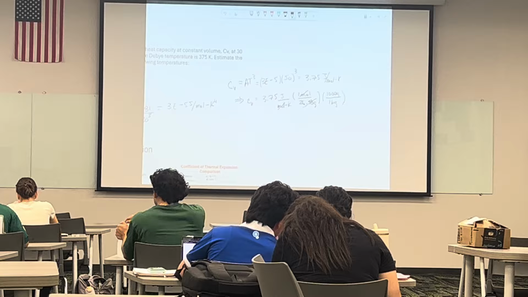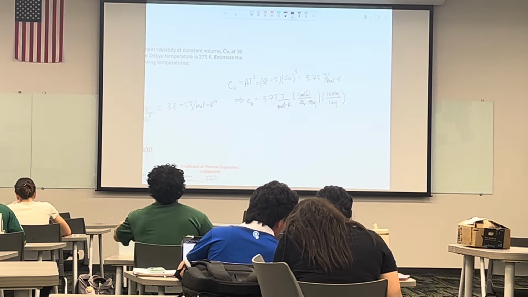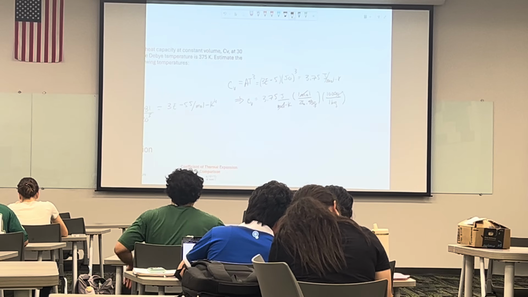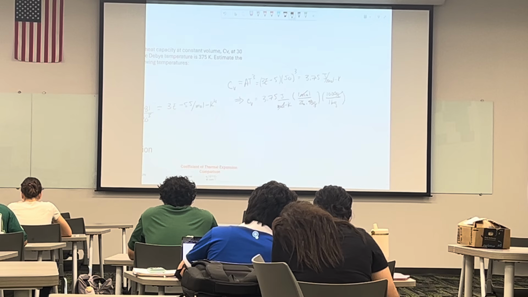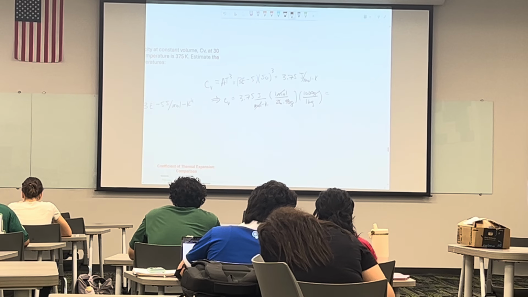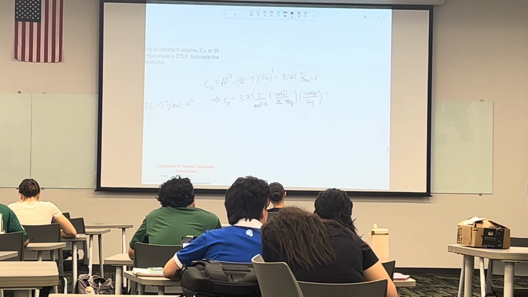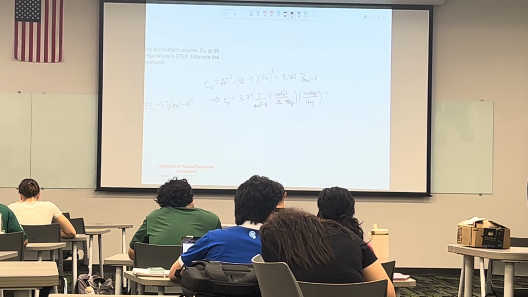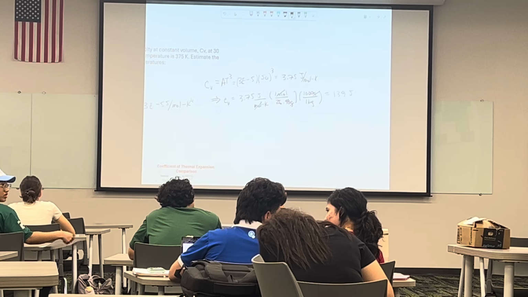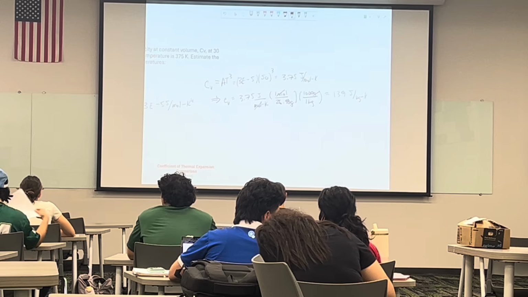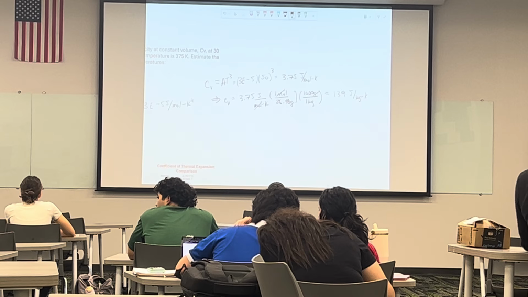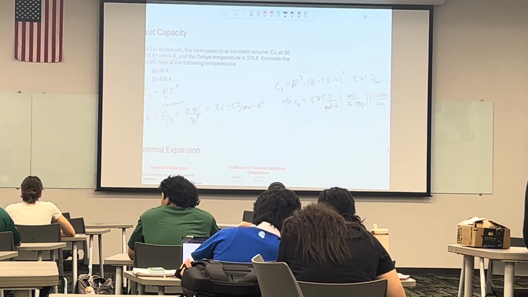So that would cancel out. So for part A, you should end up with 139 joules per kilogram Kelvin. So that was part A.